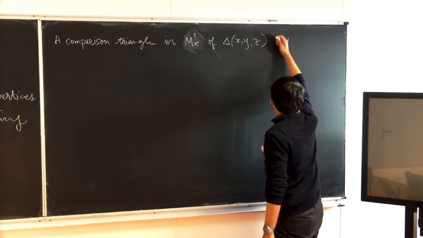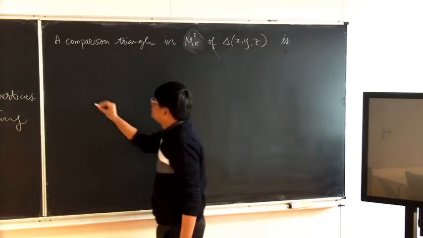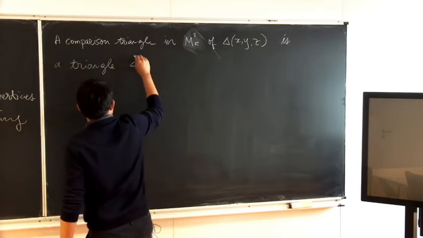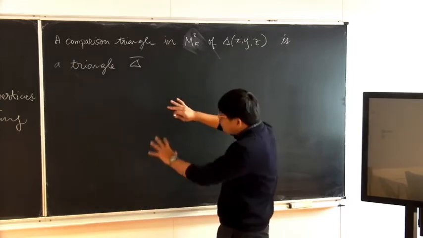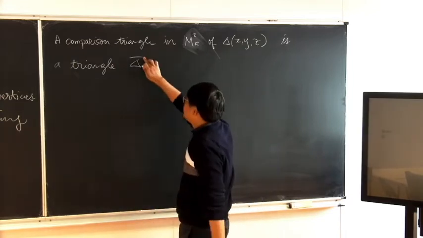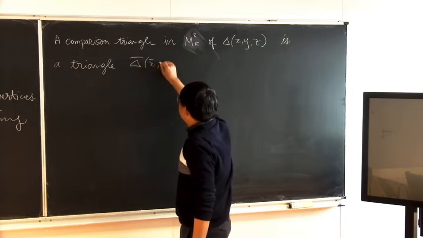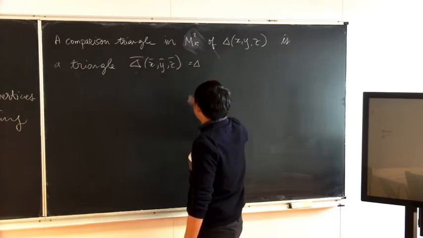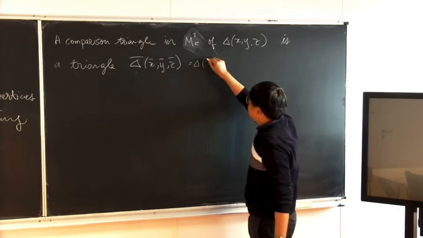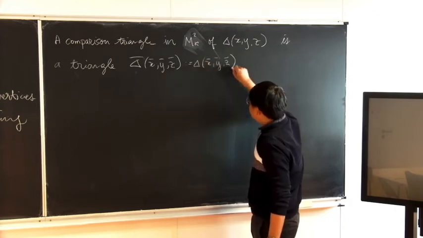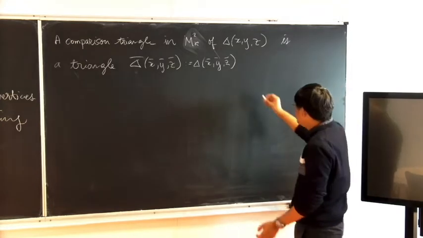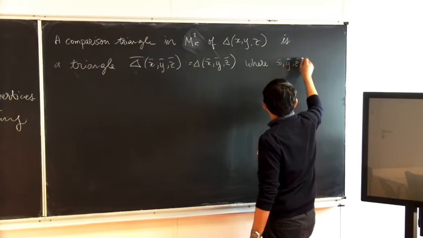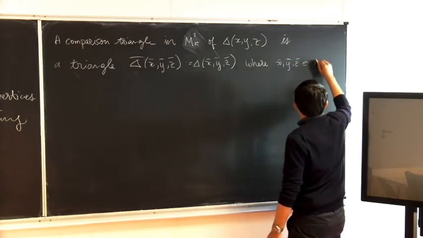is a triangle. We like to denote this with a bar, x bar, y bar, z bar, and actually this is just another geodesic triangle with vertices x bar, y bar, and z bar, where x bar, y bar, z bar belong to the model space.